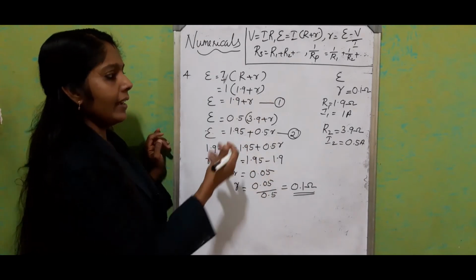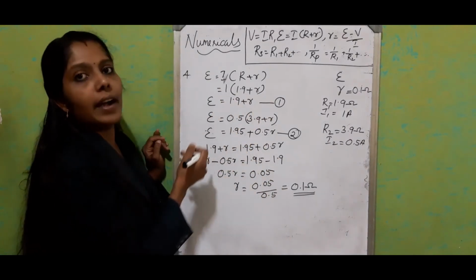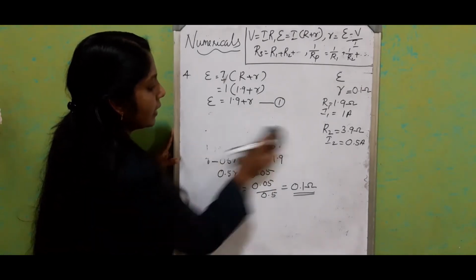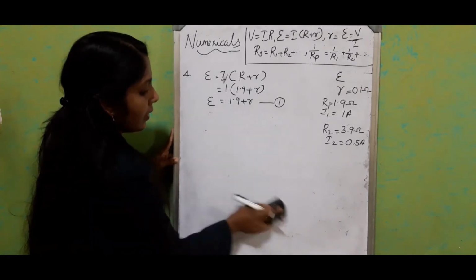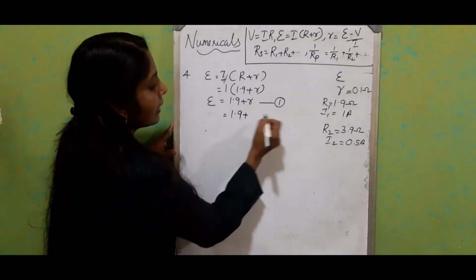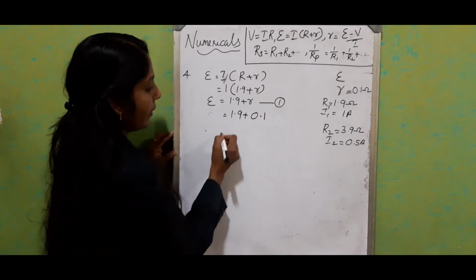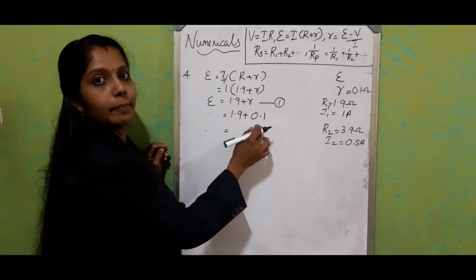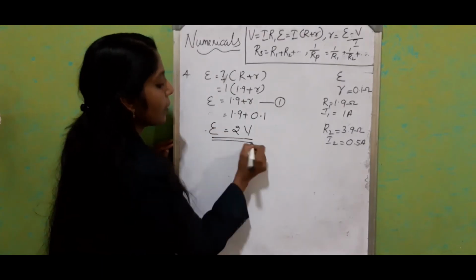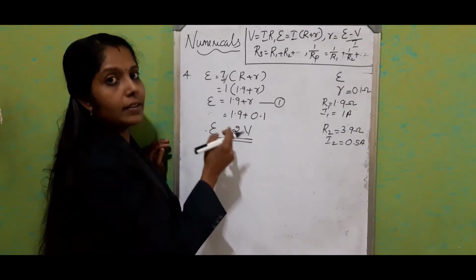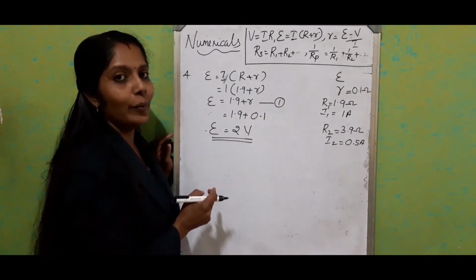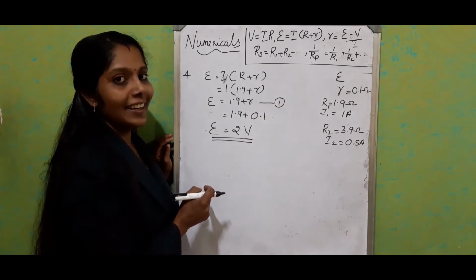Now we will apply it in any of these equations to find the value of epsilon. Let us apply it in the first equation. We substitute the value: 1.9 plus 0.1, which is equal to 2. So epsilon is equal to 2 volt, or the E.M.F in the circuit is 2 volt, and the internal resistance is 0.1 ohm. Let's see the fifth question.